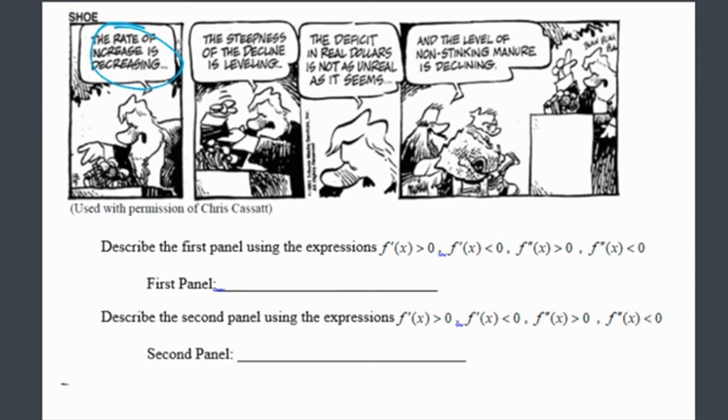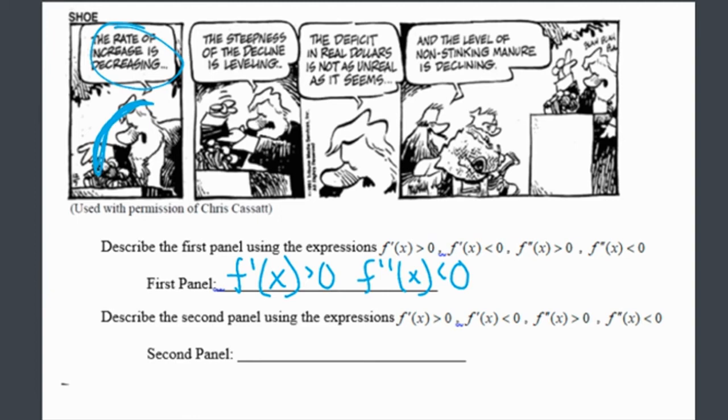So we have something that's a rate that's increasing. A rate that's increasing means that the first derivative is positive. But he says that increase is decreasing, which, again, is actually Garfield's graph, a graph that is slowing down. So we're looking at something that's concave down, where the double prime is less than 0.